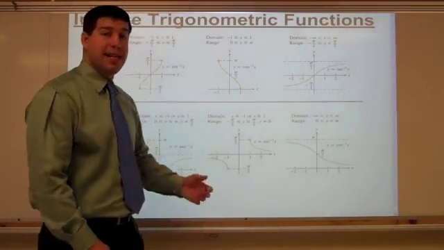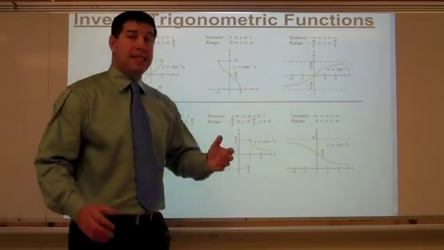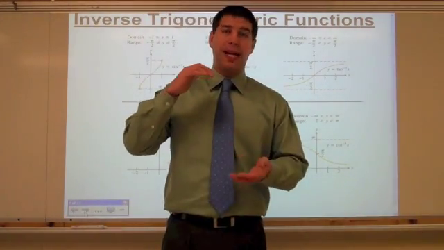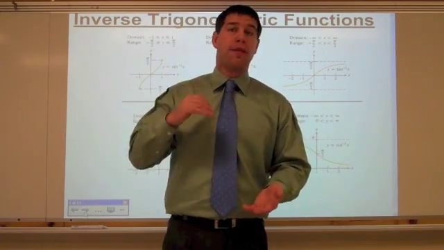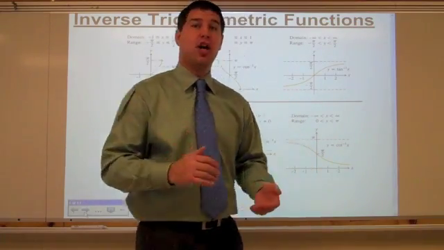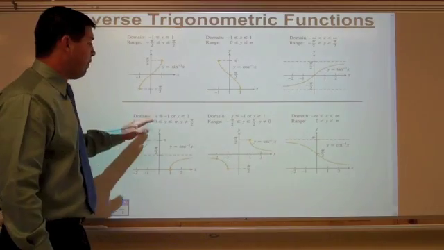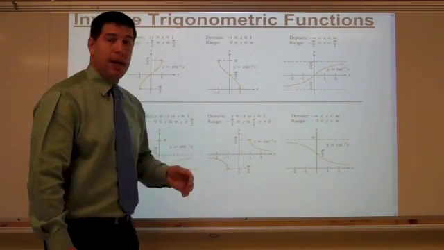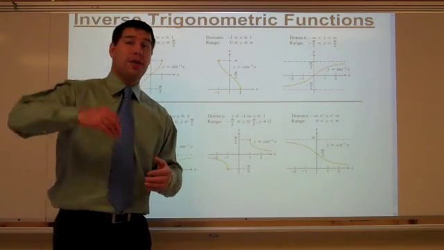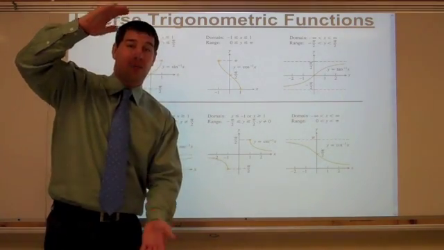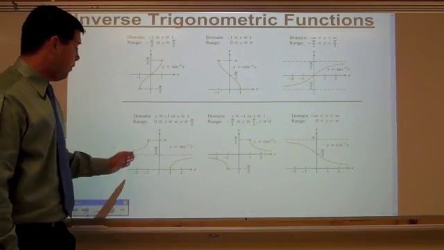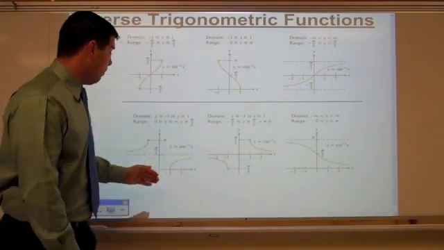Now for arc secant and arc cosecant, since the sine and cosine can only be between negative 1 and 1, well, 1 over those has to be outside of those ranges. So the domain of the arc secant and arc cosecant is x has to be either greater than positive 1 or less than negative 1. It has to be outside of 1 and negative 1.